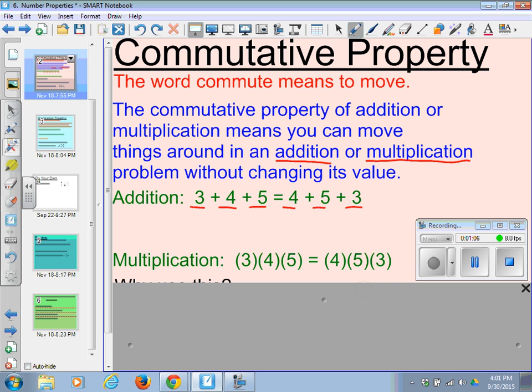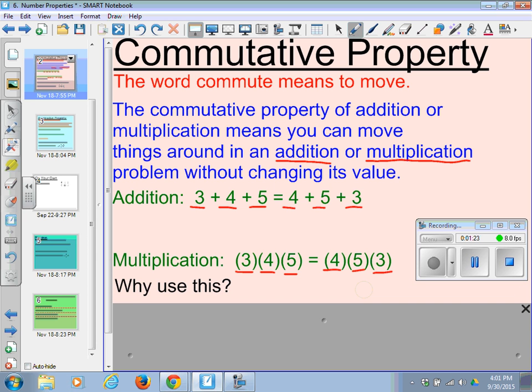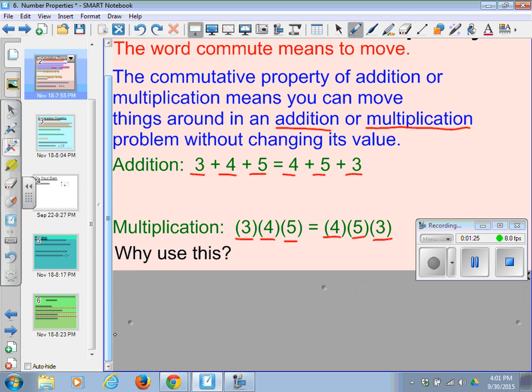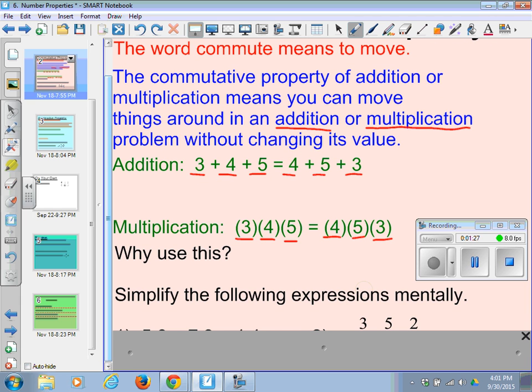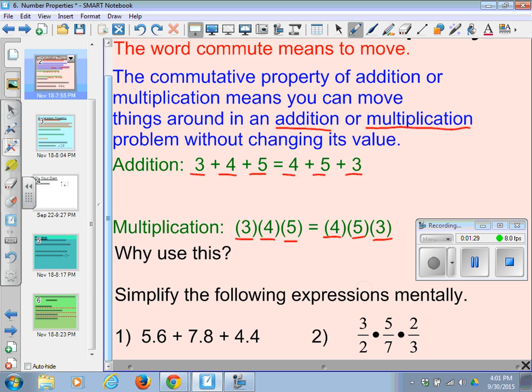Here, as you can see in our example, we have 3 times 4 times 5. Using our commutative rule, we can change the order and multiply 4 times 5 times 3. You may be thinking, why would we ever want to use this? Well, let's simplify the following page and find out.